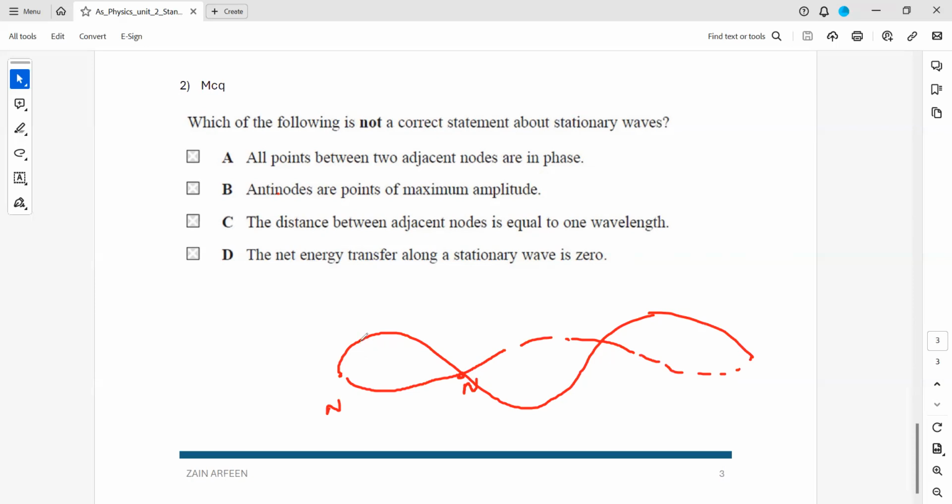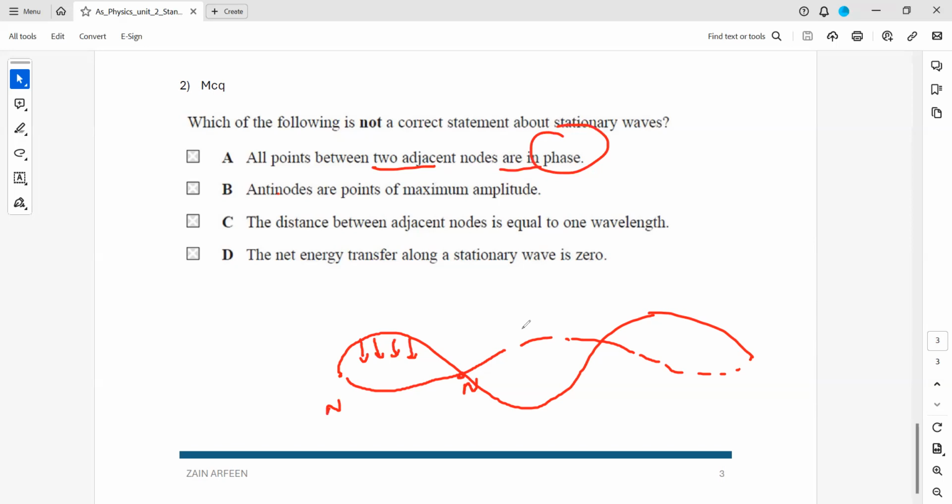Yes, that is right. So between the adjacent nodes, all these particles are moving in the same manner. That is correct.